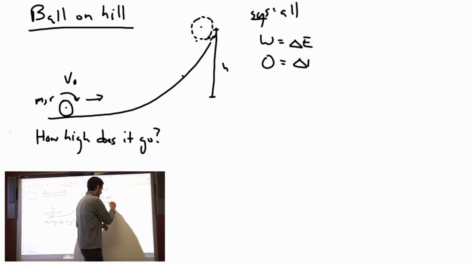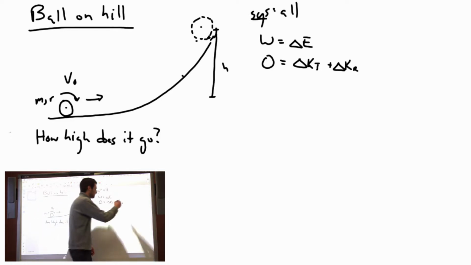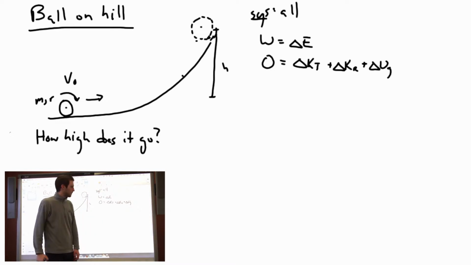So I'll have a delta KT, delta KR, and then I'm going to have Earth and the ball in my system, and they're going to increase distance away, so I know I'm going to have a delta UG. And that's all I can think of. So we can go ahead and start plugging in.